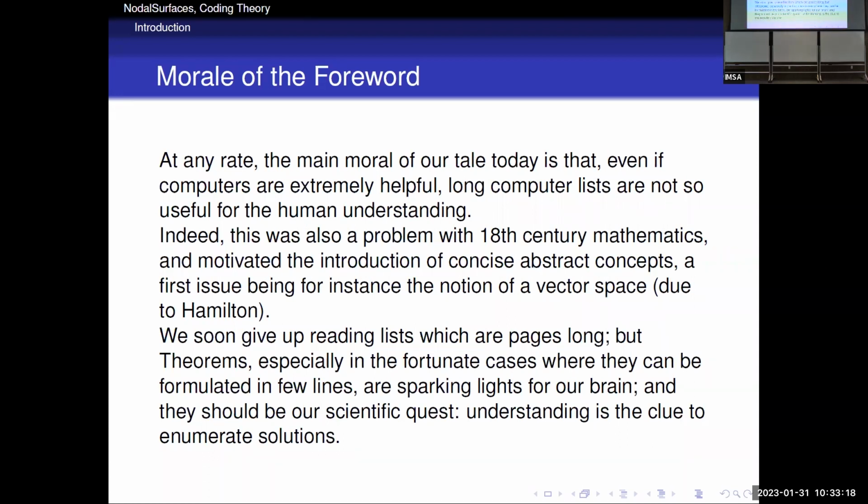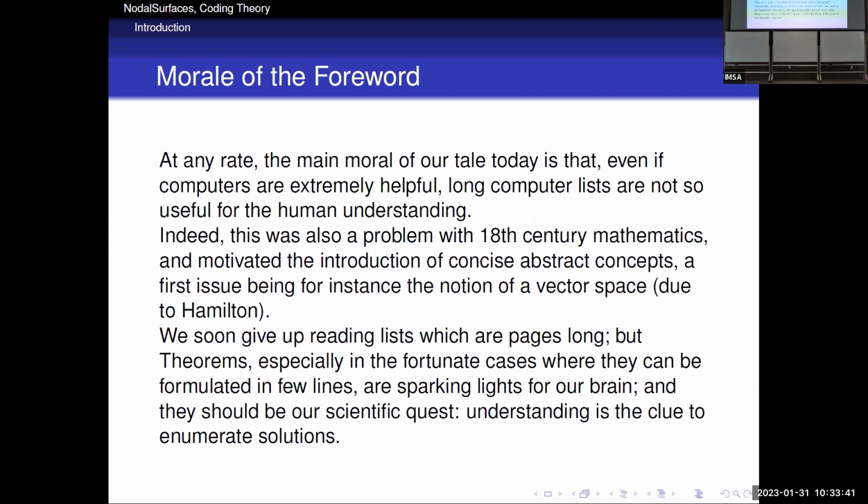The same thing was occurring for mathematics of the 19th century. There were all these books and long lists, and at a certain moment, this, that's a mistake. I wrote 18th century mathematics, but I meant 1800. So this should be 19th century mathematics.